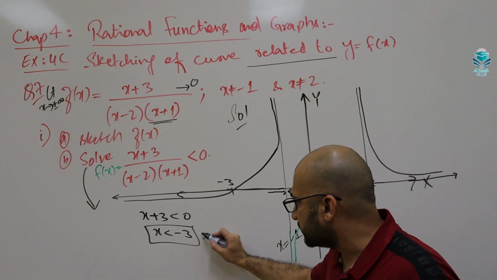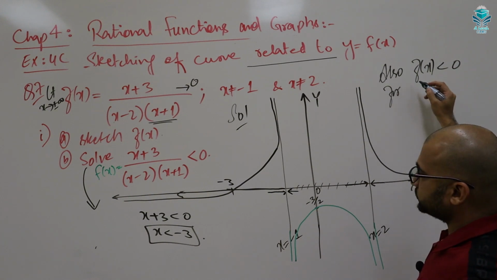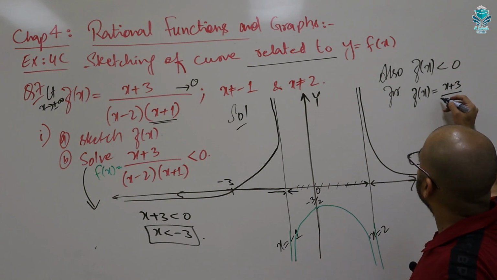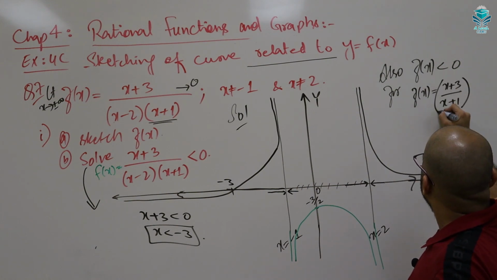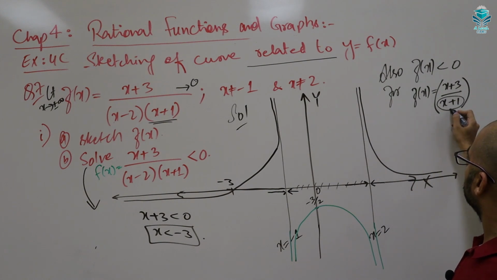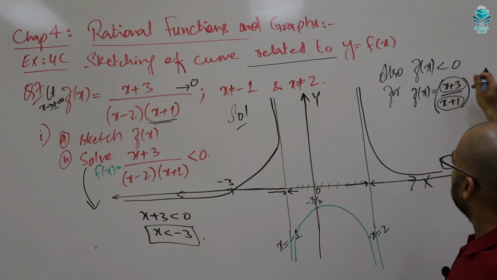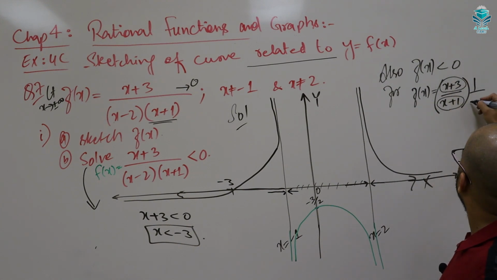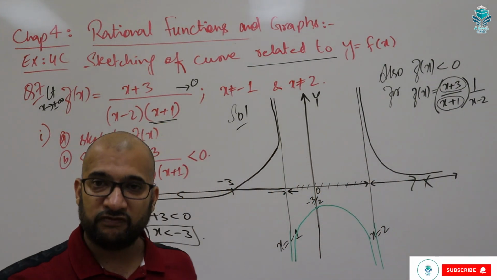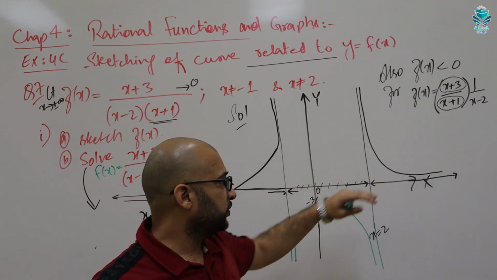So you can say from here f(x) = (x + 3)/((x + 1)(x - 2)) is negative. For -1 to 0, the numerator is positive, and x plus 1 is also positive. So it is a positive branch of the function, but the factor x minus 2 will be negative. That gives the value of the function less than 0 for this range.